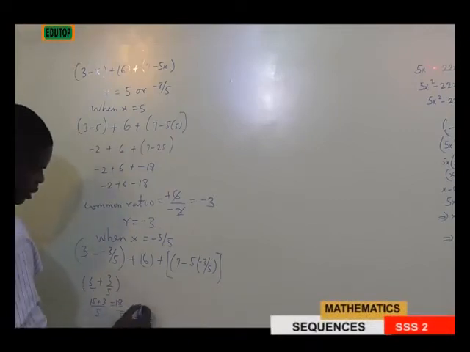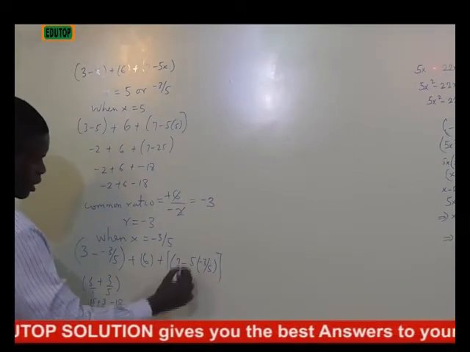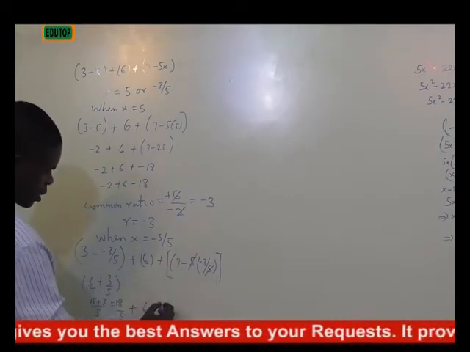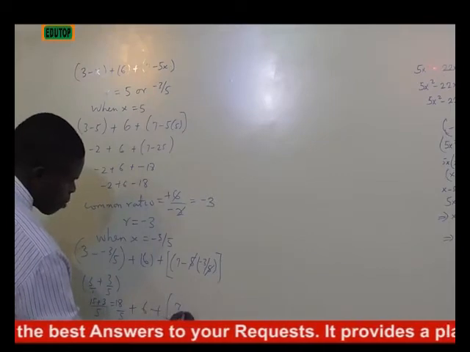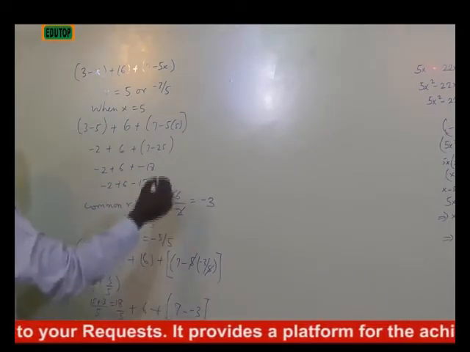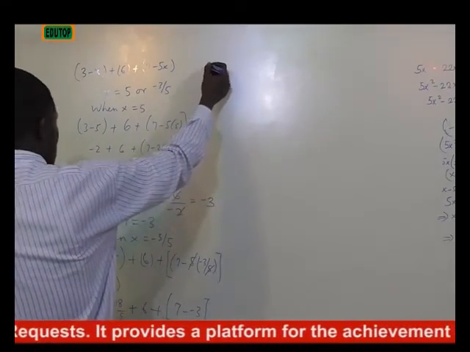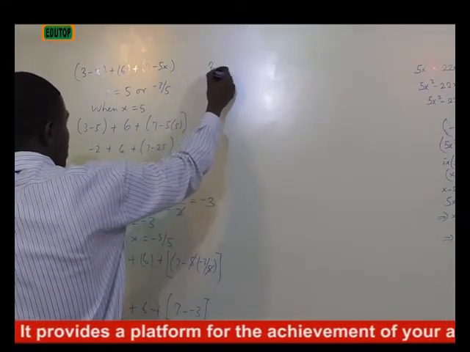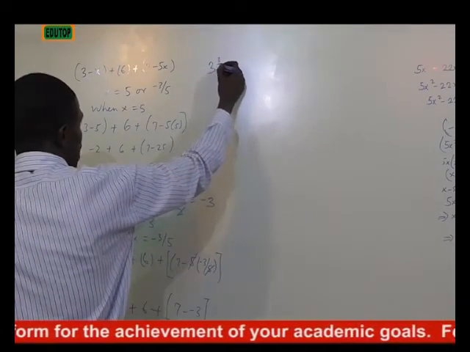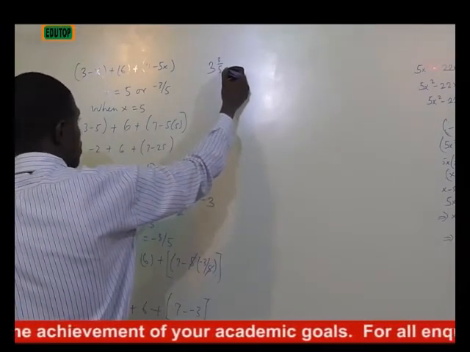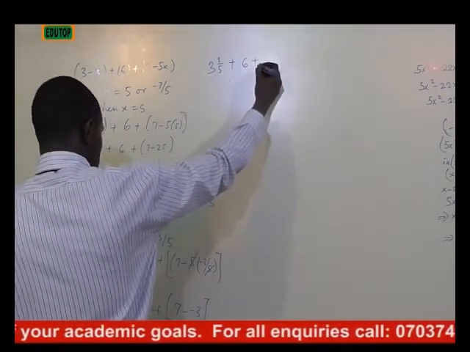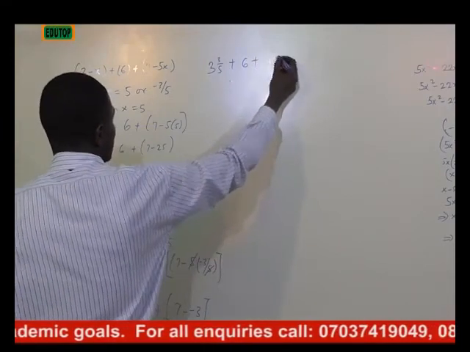Then the second case, this 5 can cancel this 5. Then we are going to have 7 minus 3. Then 18 over 5 is the same thing as 3 whole number 3 over 5, plus 6, then plus 10.